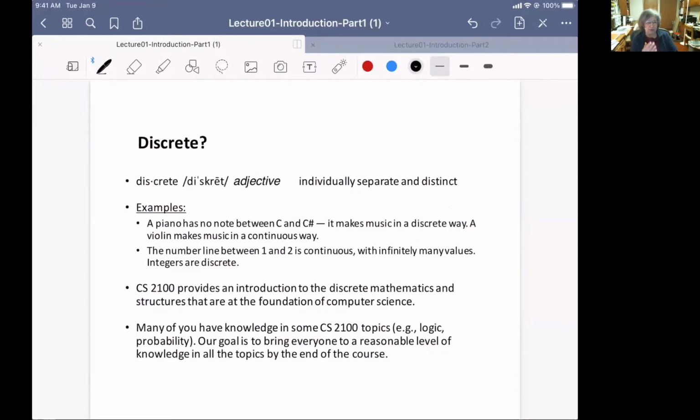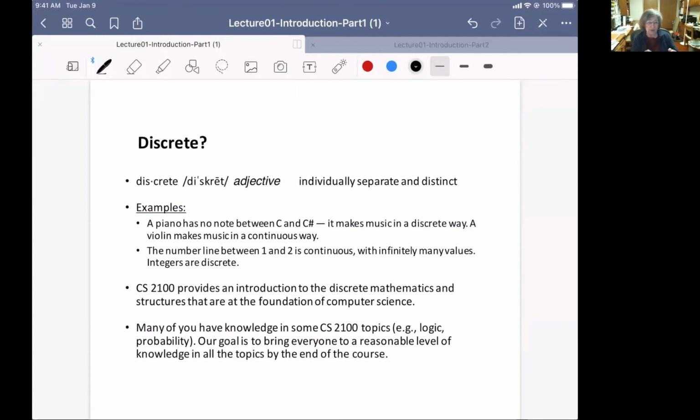So, discrete. Why do we care about discrete math, and what is it anyway? Well, most of you have studied some math already. Maybe you've had calculus, and calculus is continuous. It looks at things and talks about limits and values and smooth things. Discrete math is different. For example, a piano has no note between C and G sharp, and discrete math deals with distinct values.